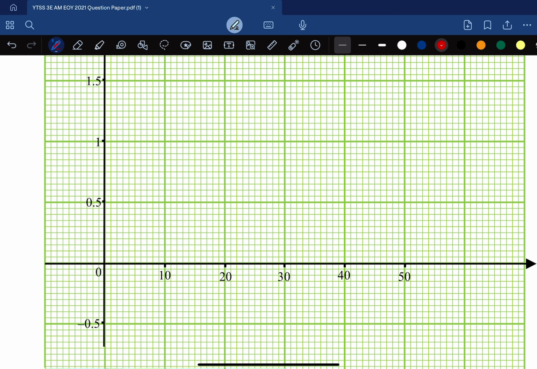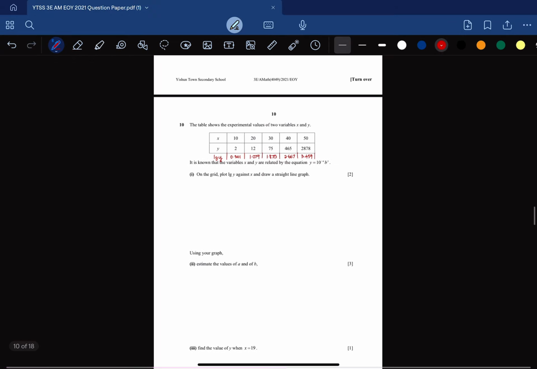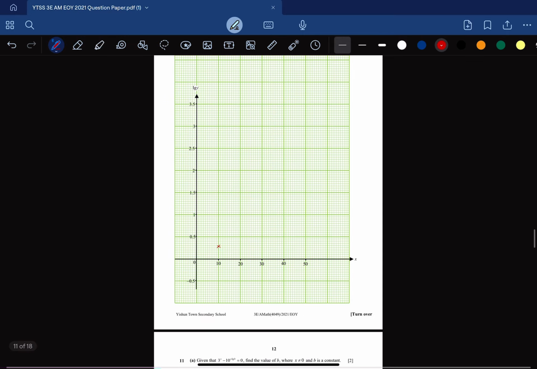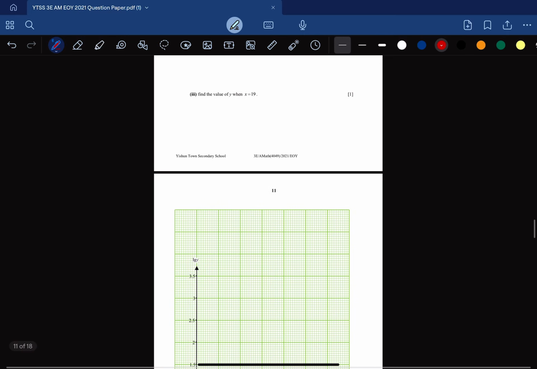Okay, so if you sketch this onto your graph, it should be about 5, 3, 4, 5, 10, 0.301. Then after that 1.079.